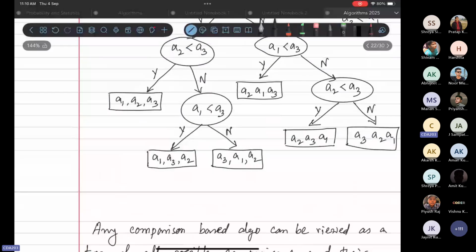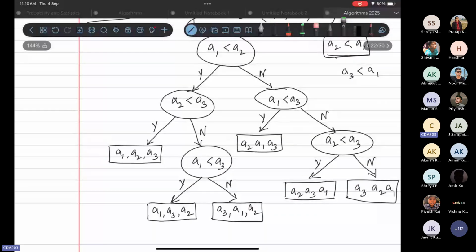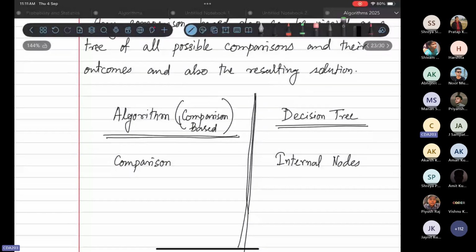For example, these are the leaves. And all the other nodes, from where you can still move further down the line, are called the internal nodes.